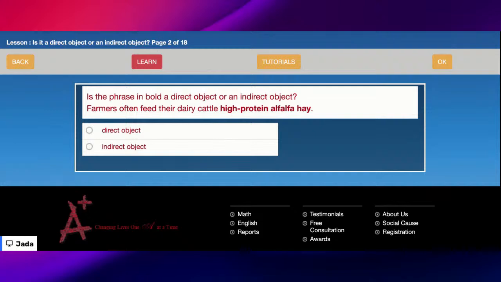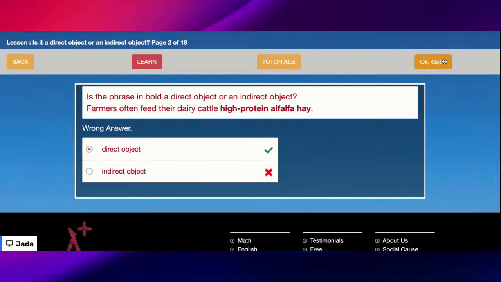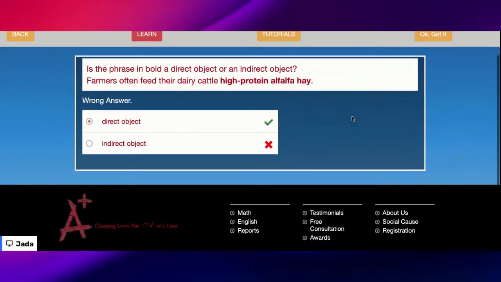Hello, everybody. So, what's our answer to this question? Two. Okay. So, let's go with two from Bella. Okay, so now this is a direct object, I will explain.